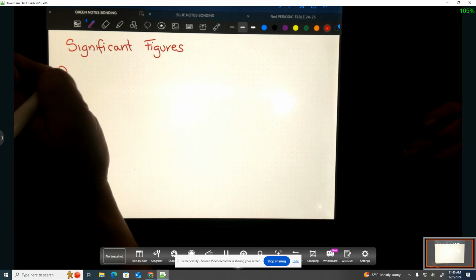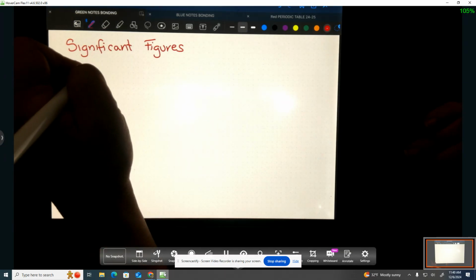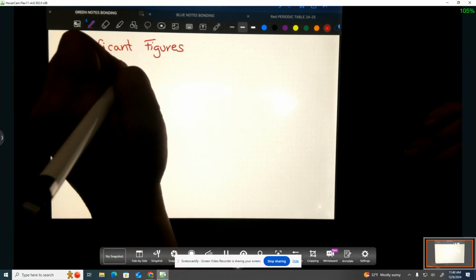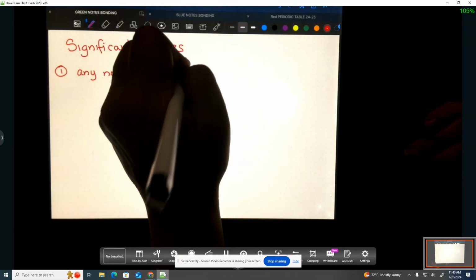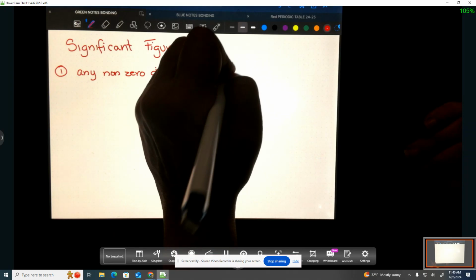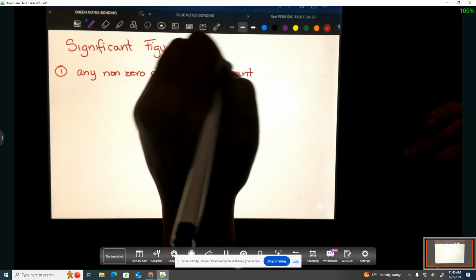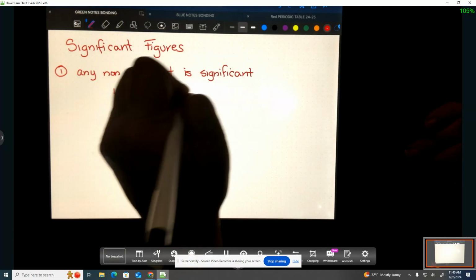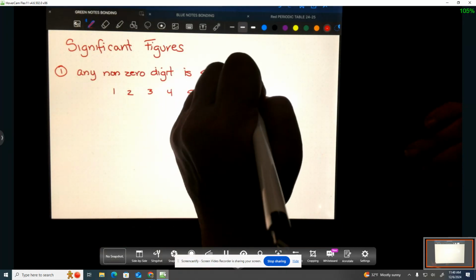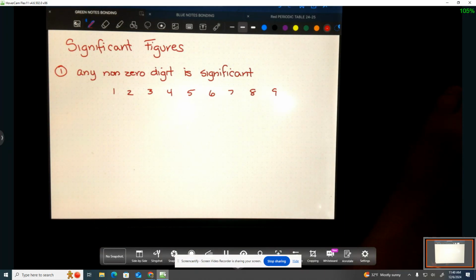So the first thing we're going to do is figure out how to determine significant figures. So the first rule is any non-zero digit is significant. That means 1, 2, 3, 4, 5, 6, 7, 8, or 9. They're going to count.